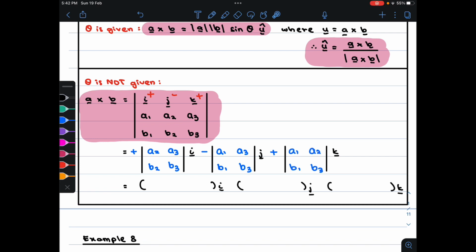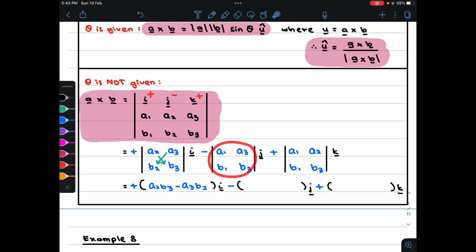And now we're just gonna do the calculation for the determinant for each I, j, and k. So just follow. I is positive. For j it's negative, so we're gonna have negative. And for k it's positive. So let's do the first calculation inside the bracket for I right here. The determinant of 2 by 2 is a2b3 minus a3b2.